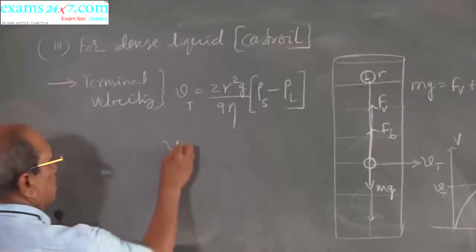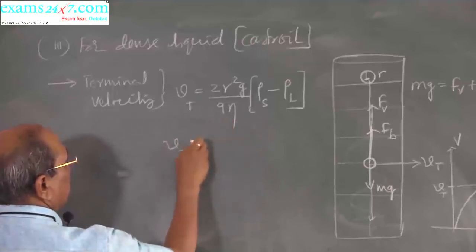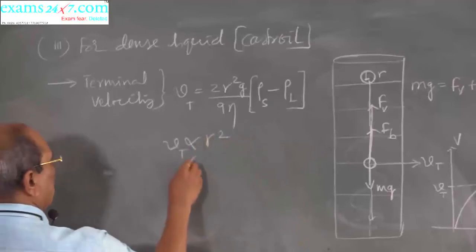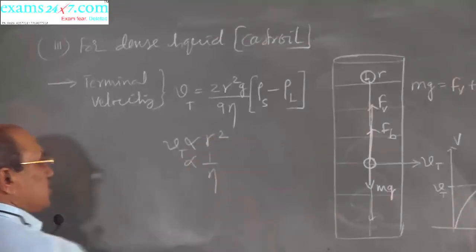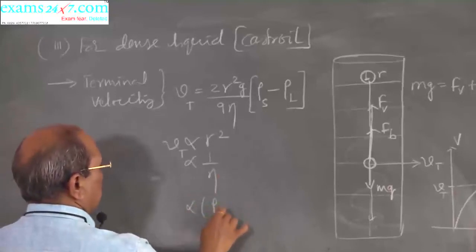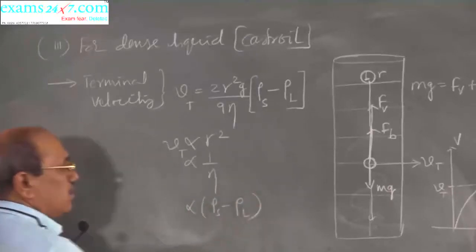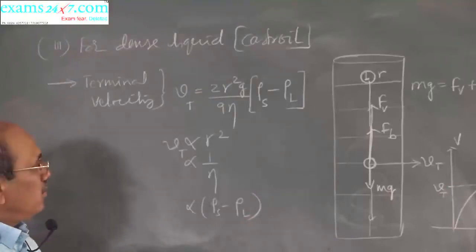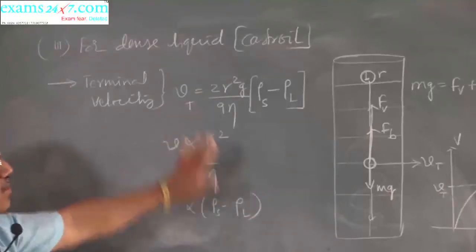This suggests that terminal velocity for a given liquid is directly proportional to r², inversely proportional to the coefficient of viscosity, and directly proportional to the difference in density of the solid and liquid. On this basis the questions appear in entrance exams.